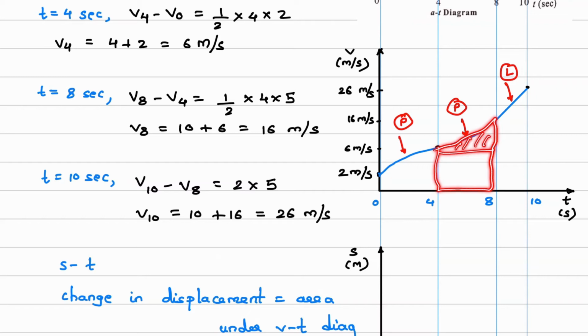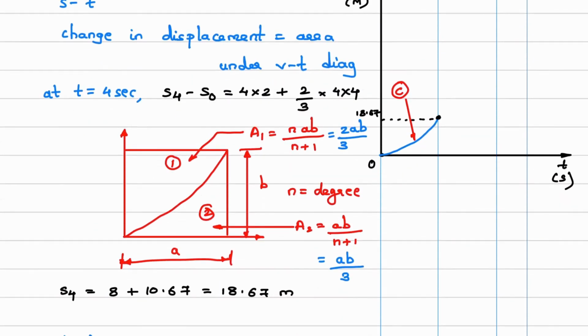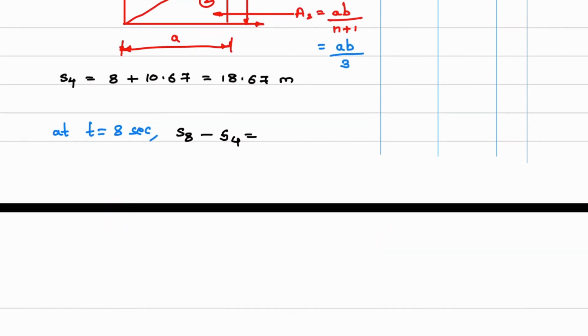It will be 1/3 of 4 into this height, which is 10. And this rectangle, what is the area? 4 into height 6. So S8 minus S4 is 4 into 6 plus 1/3 of 4 into 10.